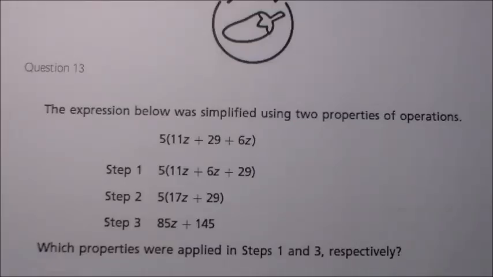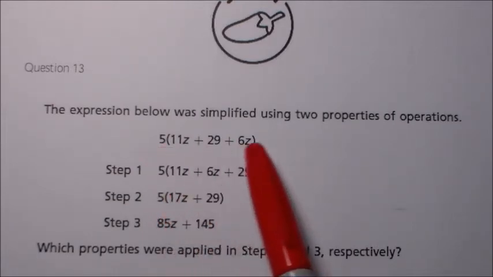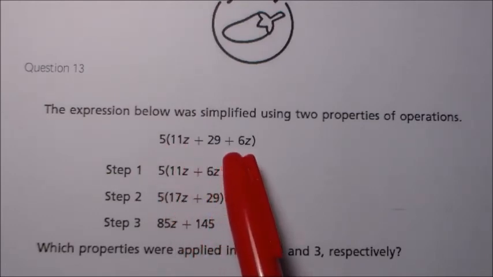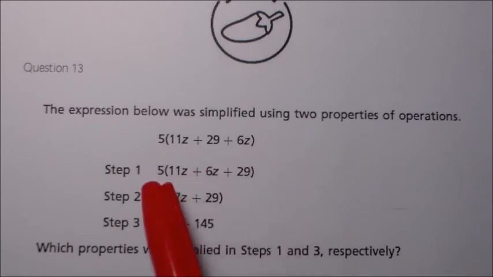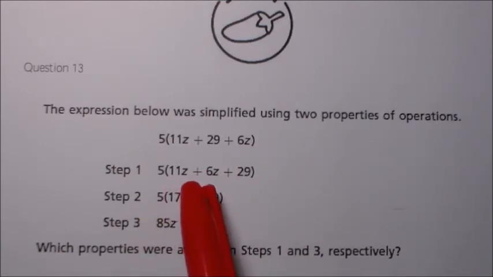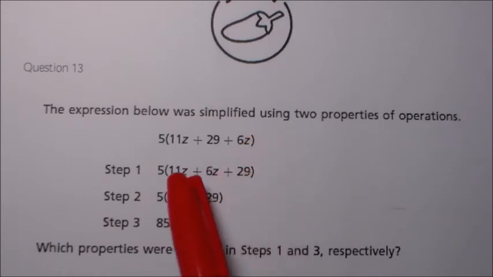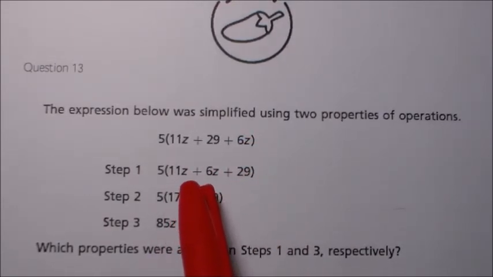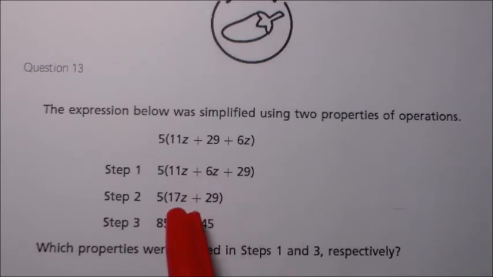Okay, question 13. The expression below is simplified using 2 properties of operations. So you have this expression, 5 parentheses 11z plus 29 plus 6z. Step 1, you have that. Step 2, you have that. Step 1 looks like they changed the order of the addition problem. Step 2, they added 11z plus 6z to get 17z, and that's good legal math.